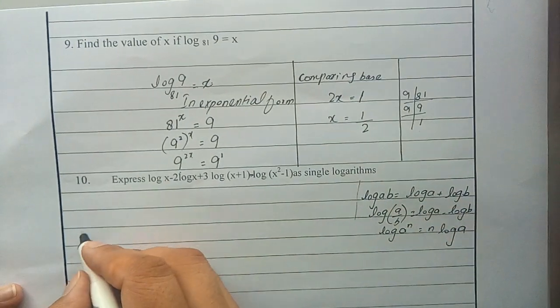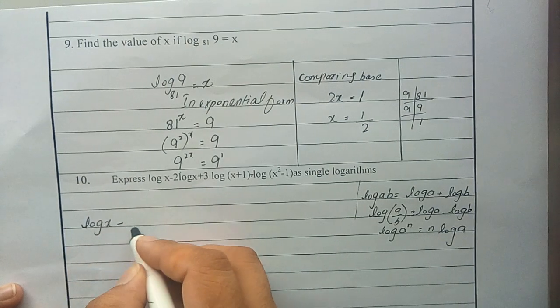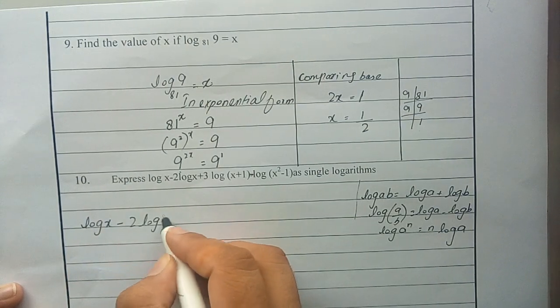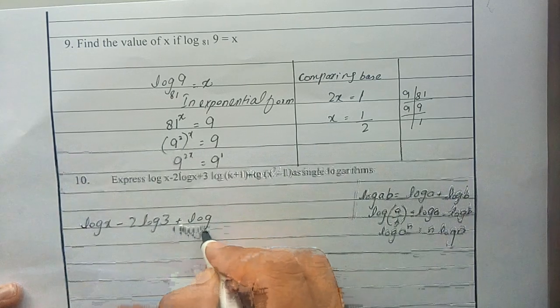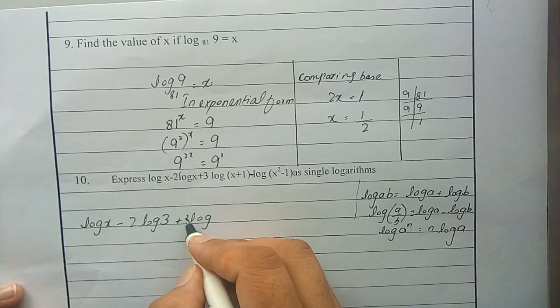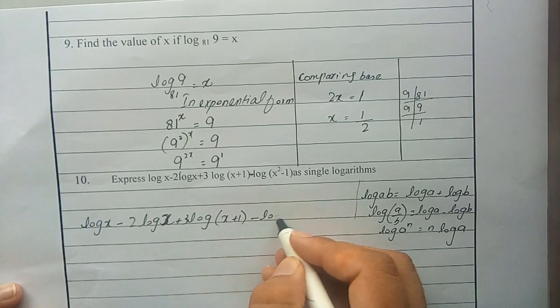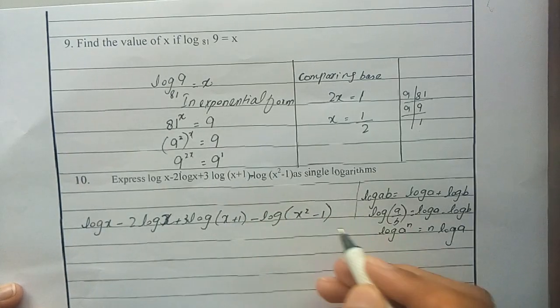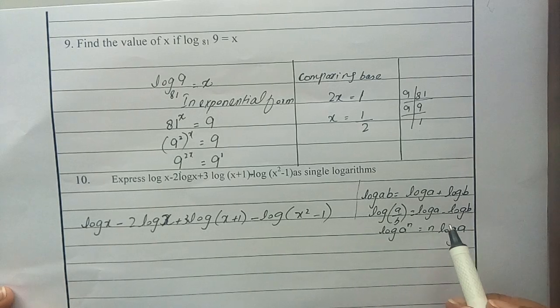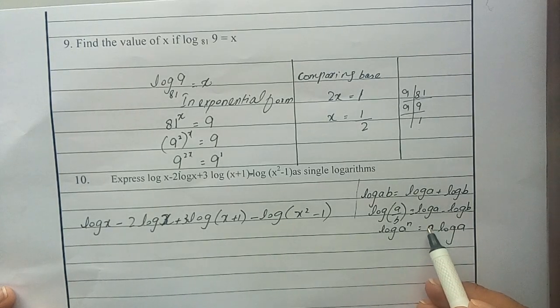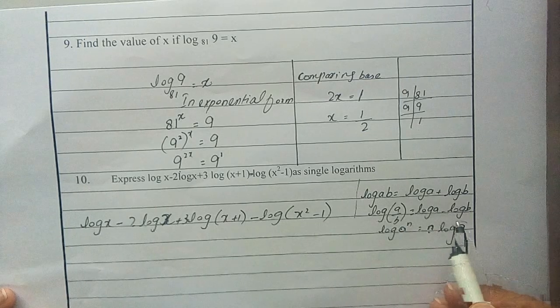Question is given as log of x minus 2 log of x plus 3 log of x plus 1 minus log of x square minus 1. Student, look here. Here n is written before the logarithm. Actually n was the power of this variable.